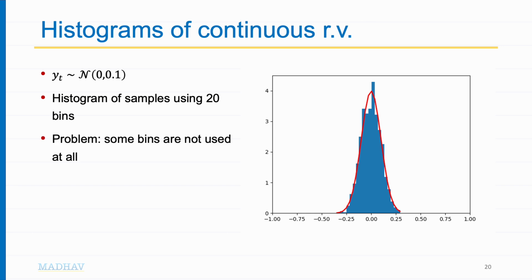Now, if I have to do waveform generation and I divide my space into 20 bins, what is the problem? What is the problem? So I repeat my question. The question is, I want to generate audio.